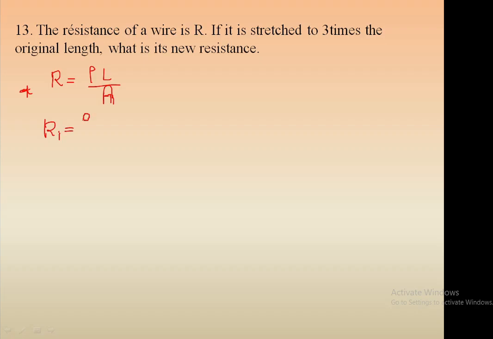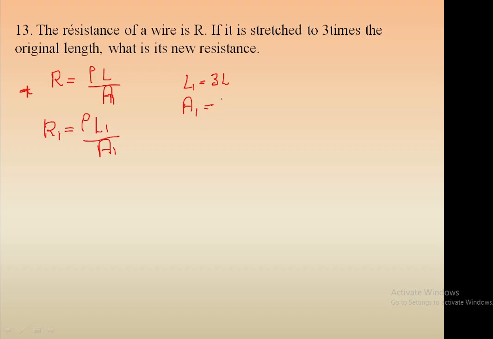R1 is equal to the resistivity of the material, which remains the same, and L1 is the new length and A1 is the area of cross section. Now what is L1? L1 is equal to 3 times of L, since it is stretched to 3 times the original length. And without any change in volume, the corresponding change in the area of cross section, that is A1, is reduced to 1/3 of its original area of cross section.